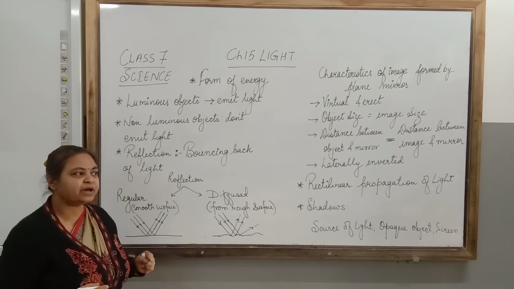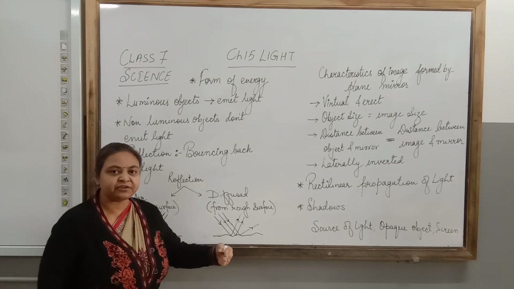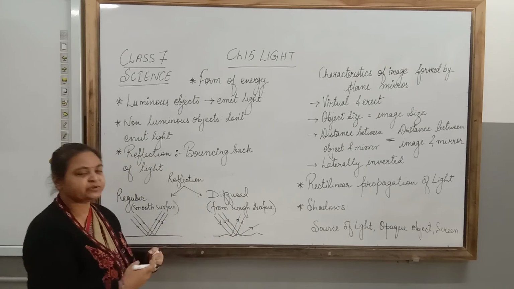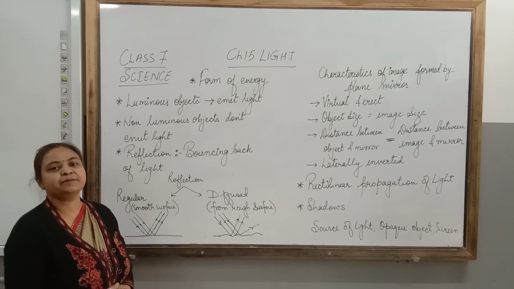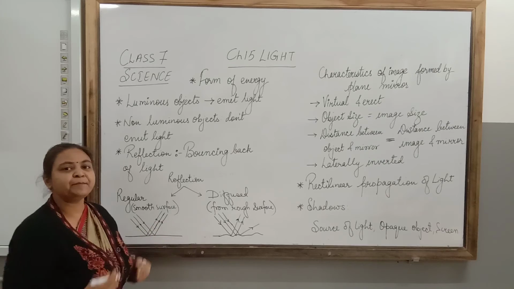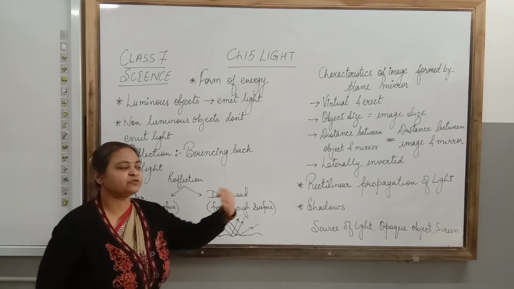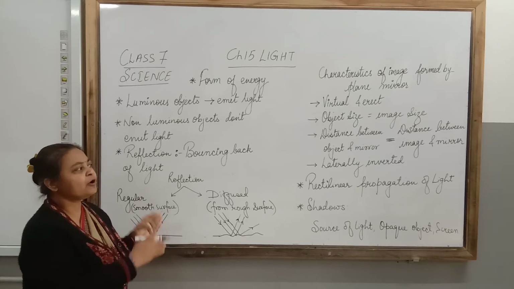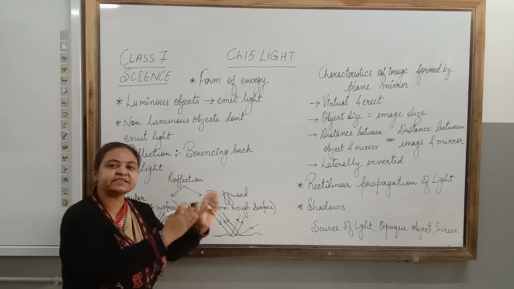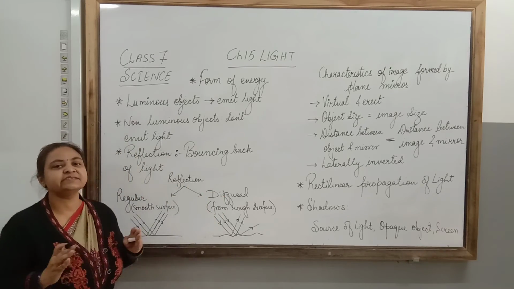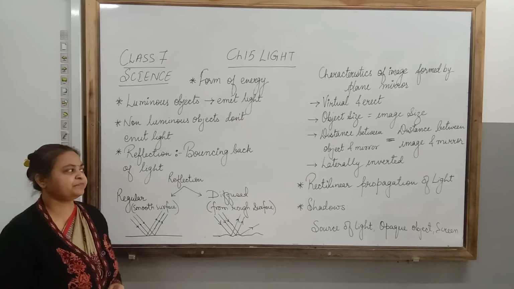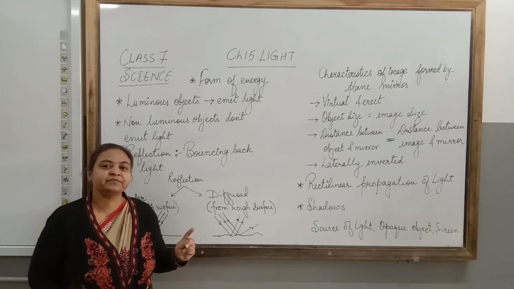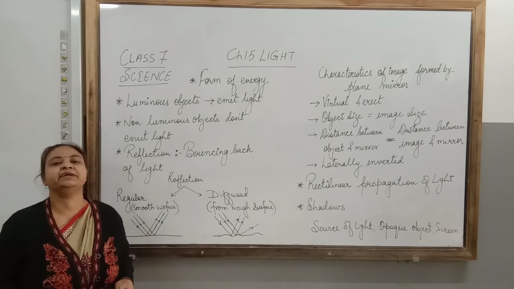That means if you are taking 2 steps in front of the mirror towards the mirror, your image also will seem to take 2 steps towards the mirror. And if you step back, your image will also seem to step back. So the distance between object and mirror and distance between image and mirror always remains the same. And lastly, lateral inversion. The image is laterally inverted.